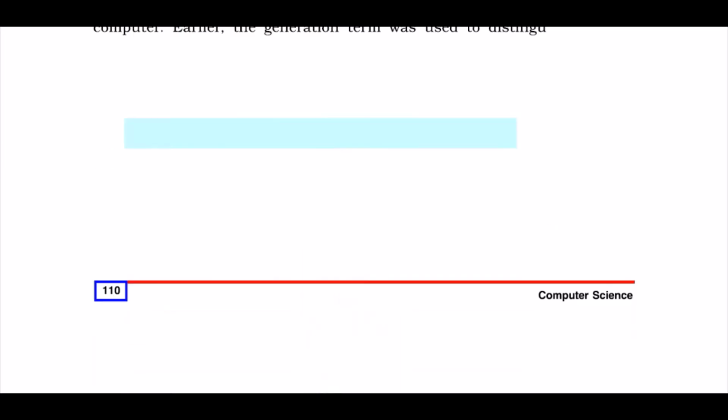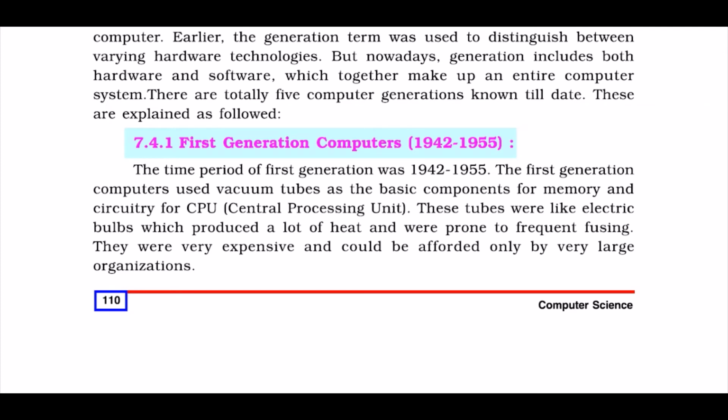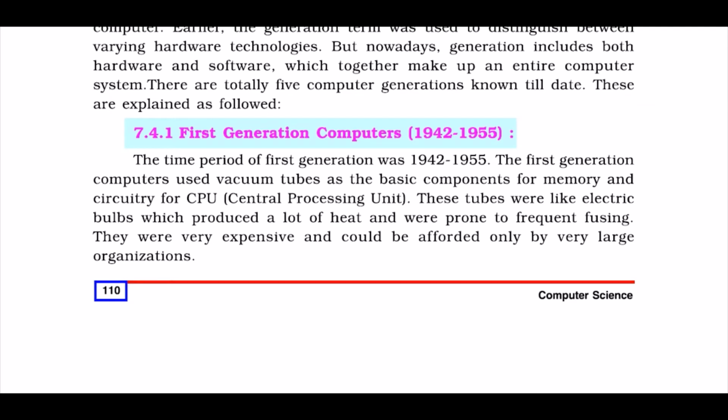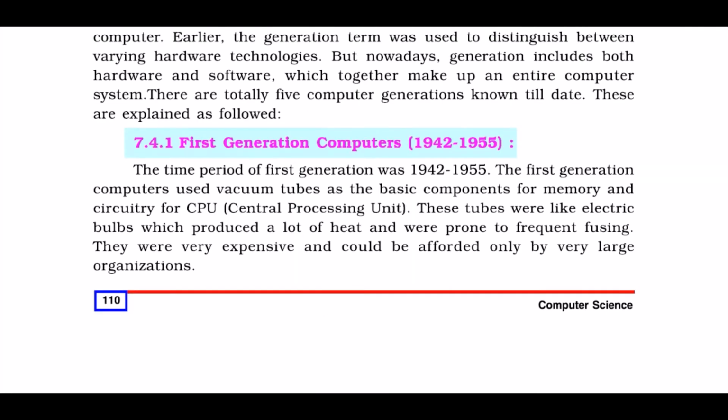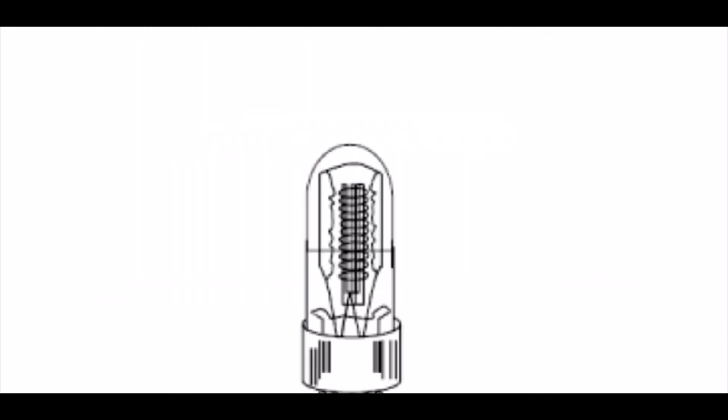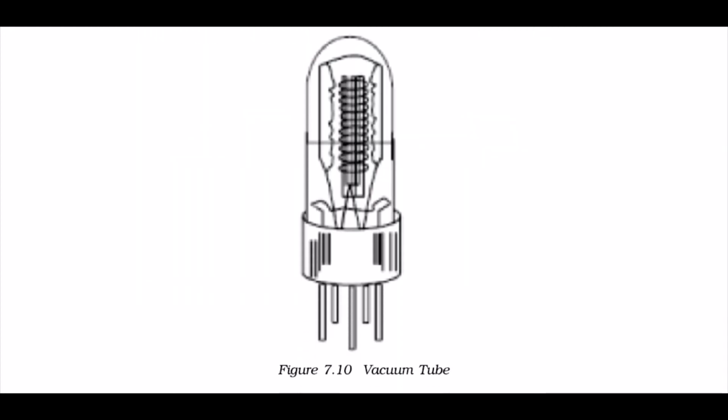The first generation was from 1942 to 1955. First generation computers used vacuum tubes. This is a vacuum tube. The electric bulbs that we use in our homes are a replica of vacuum tubes.